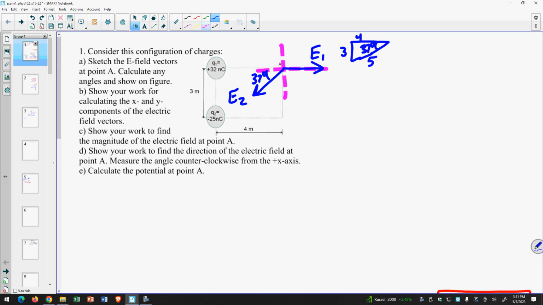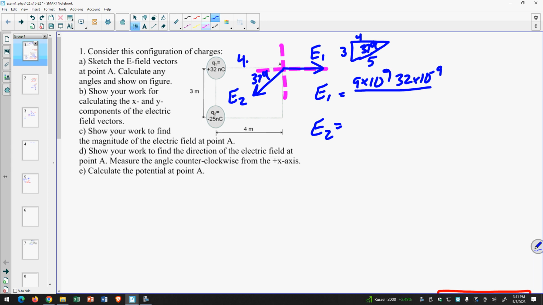Then I calculate E1 and E2. I'll give you nice, easy, round numbers. You shouldn't even really need a calculator for this part until you get into the components. So that's going to be for E1, kQ over r squared: 9 times 10 to the 9th, 32 times 10 to the minus 9, divided by r squared.